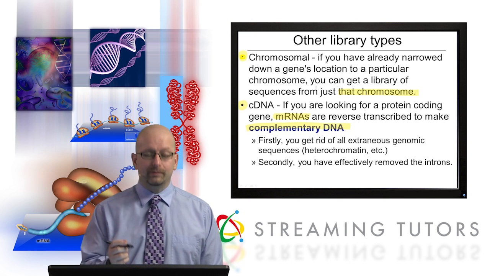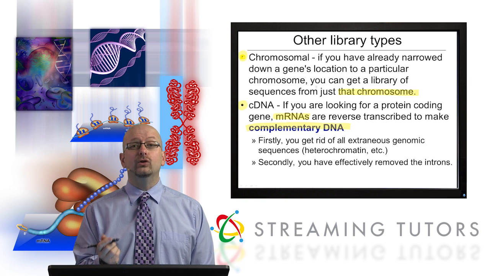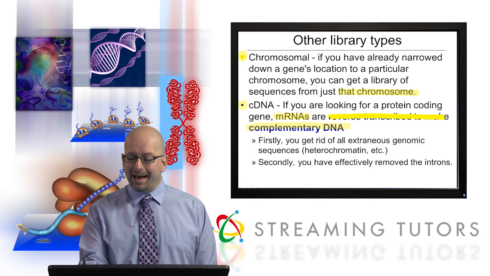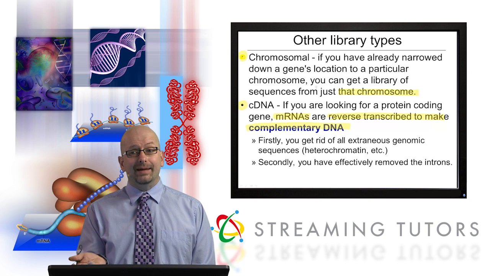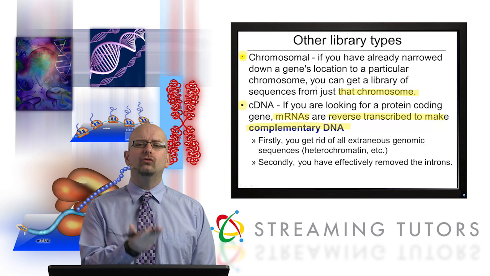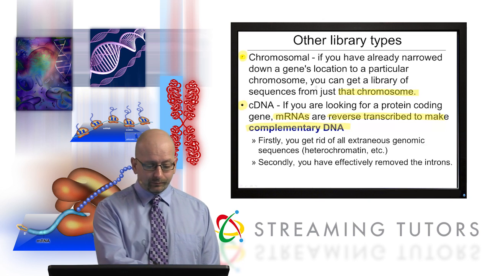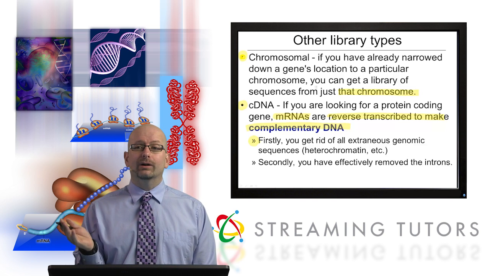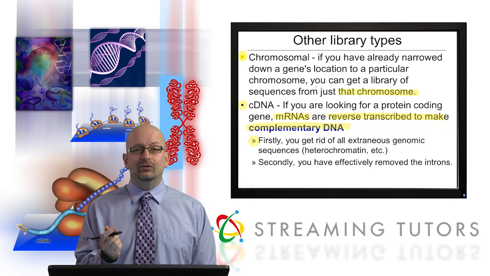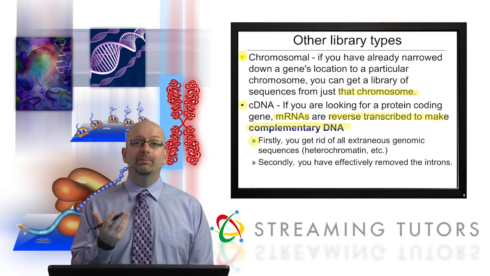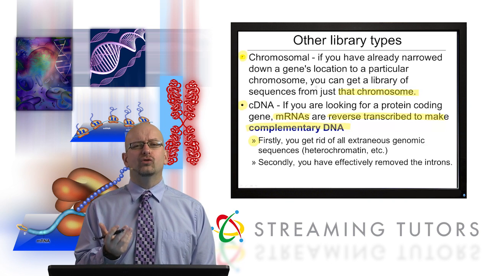You get the relevant messenger RNAs and then use the enzyme reverse transcriptase, which naturally occurs in retroviruses, to backwards transcribe and make that RNA into DNA, but it's cDNA. And look at the beauty of this. Not only have you gotten rid of all the extraneous genomic sequences, I should say, in other words, we haven't discussed this a lot, but sometimes the term junk DNA is used.